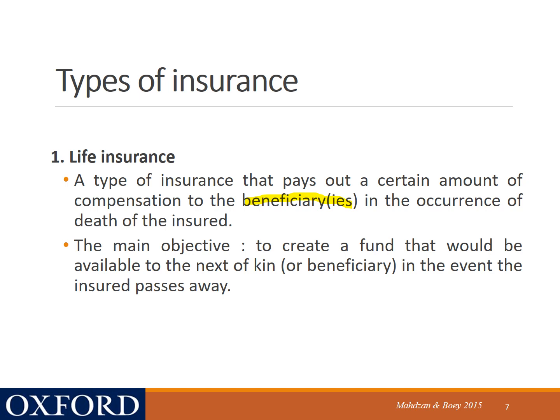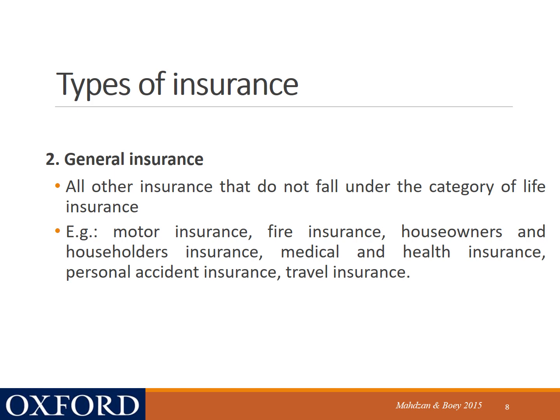Right. Next is the second type of insurance, which we call general insurance. It is all other insurance that does not fall under the category of life insurance, and there are many types of general insurance, covering motor insurance, fire insurance, house owners as well as householders insurance, and medical and health insurance.